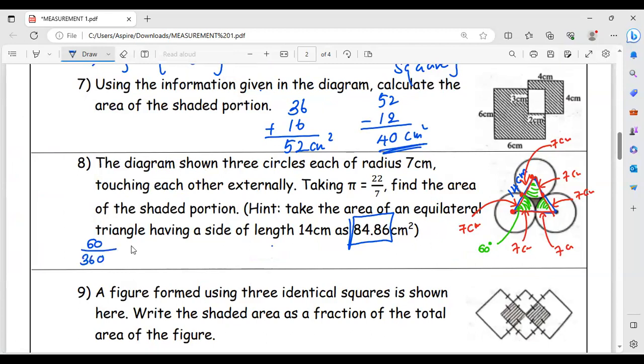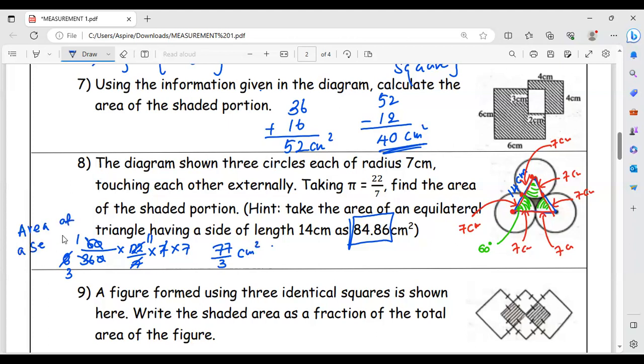60 over 360 into pi r squared, 22 over 7 into r squared, 1/6. 7 and 7 cancel, 22 divided by 2 is 11, 6 divided by 2 is 3. Then 77 divided by 3 square centimeters is the area of one sector.